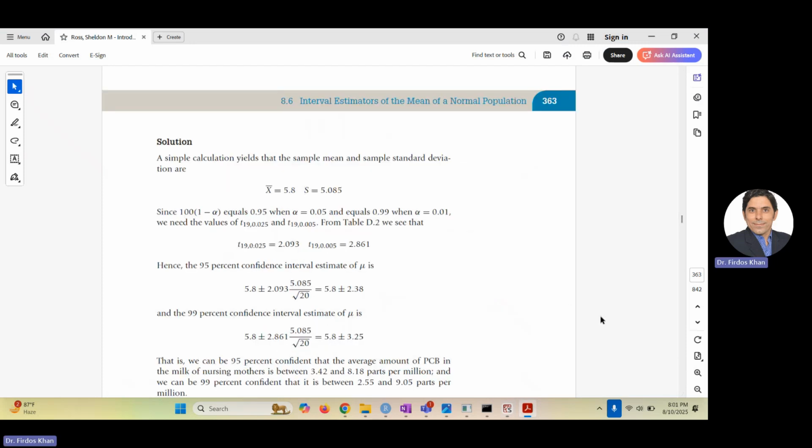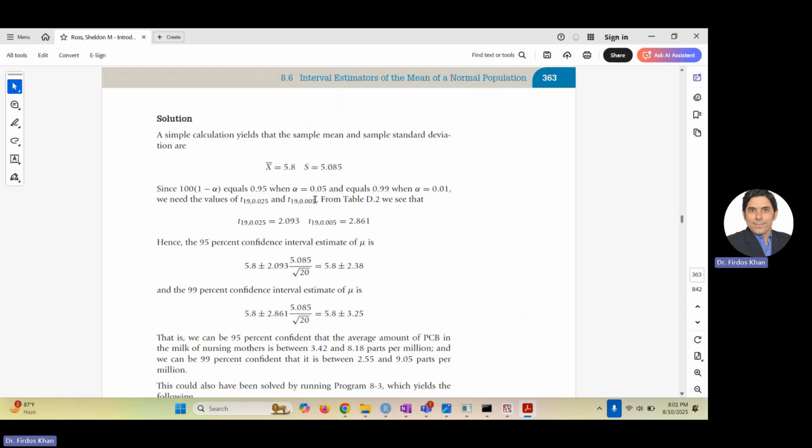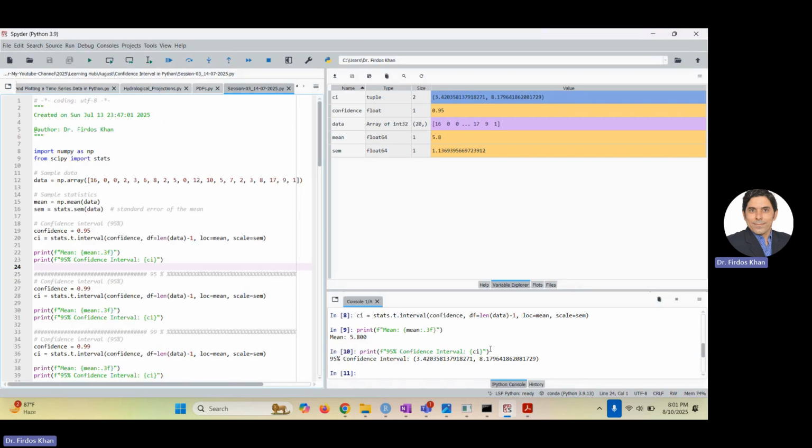Okay, so this is some calculation, and it is given: we are 95% confident that the average amount of PCB in the milk of nursing mothers is between 3.42 and 8.18. So this is what is mentioned in the book.